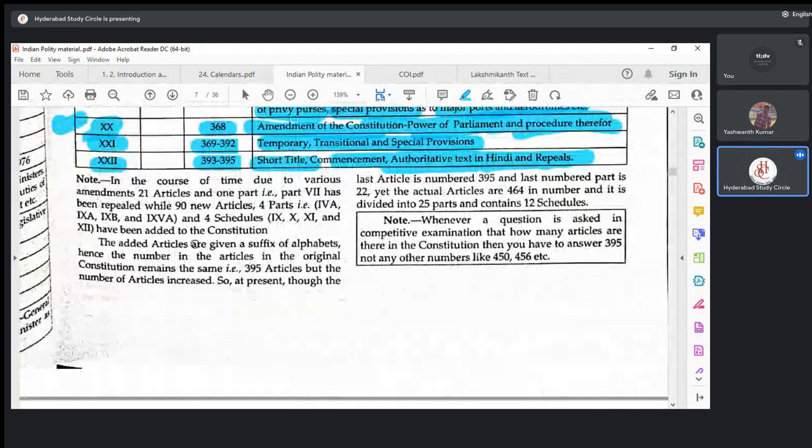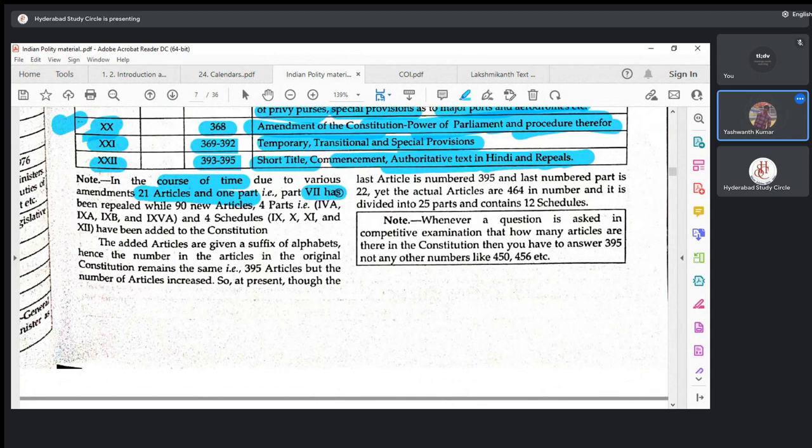Let us complete by reading the note. In the course of time, due to various amendments, 21 articles and one part, that is Part 7, have been repealed, while 90 new articles, parts 4A, 9A, 9B and 14A, and 4 schedules, that is 9, 10, 11 and 12, have been added to the Constitution.